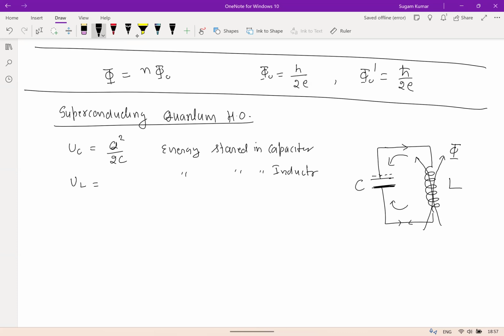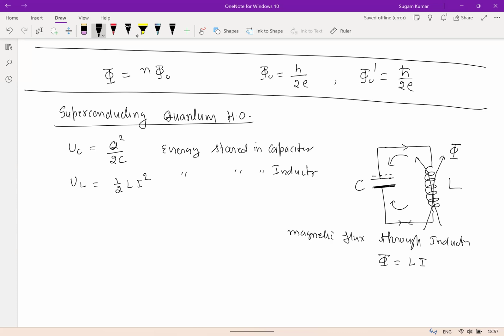And how to write it down? 1 by 2 times L I square. Now see, the magnetic flux through the inductor is how much?